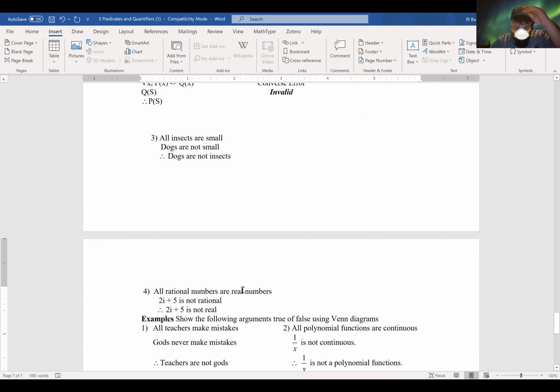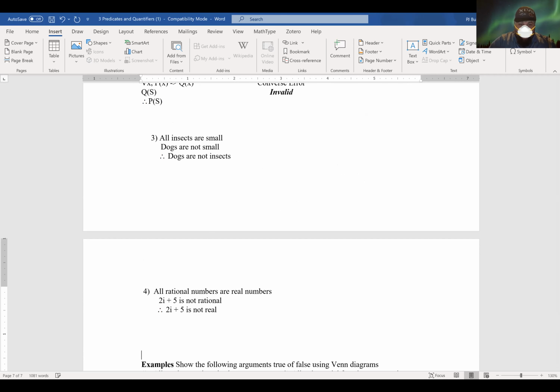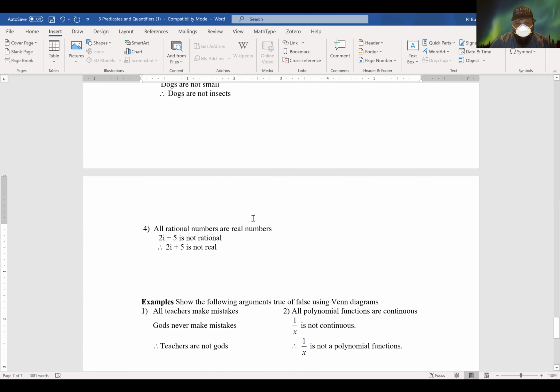So let's look at this one. It says all rational numbers are real numbers. So that means if I pick a real number, it implies that it can be rational. Not that if I pick a rational number, that it has to be a real number.